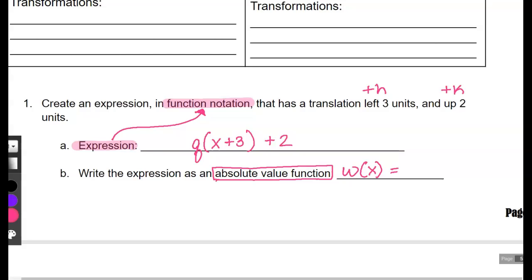W of x equals. Now this is absolute value. So does anyone want to take a guess? Go ahead, Eli. Perfect. That's exactly it.